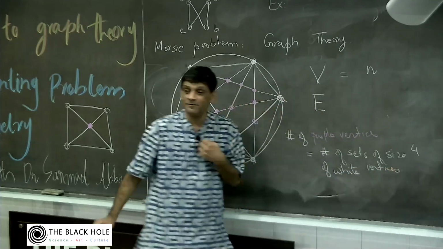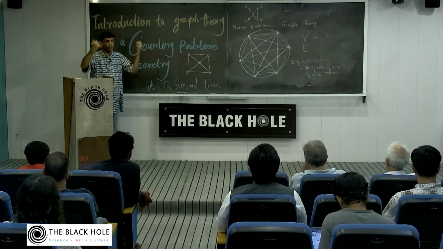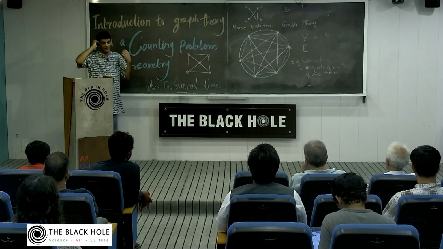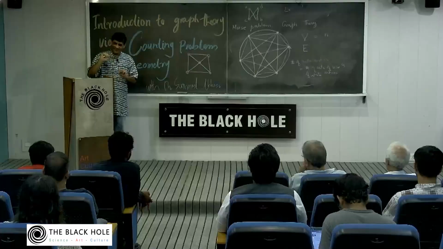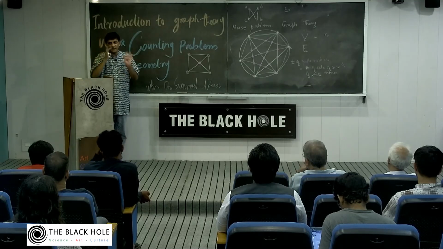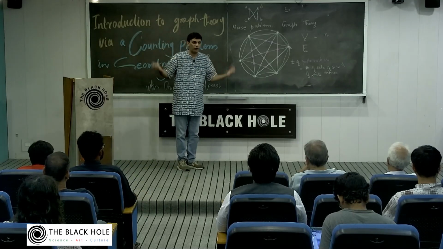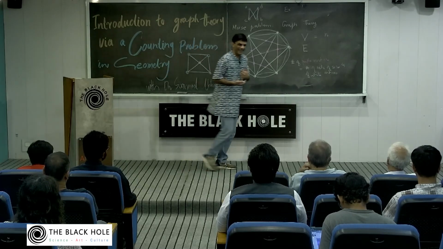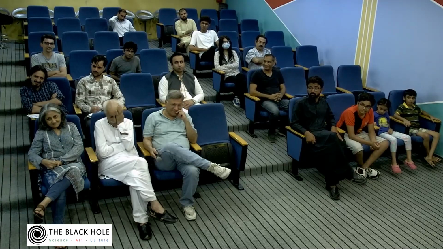How many ways can I choose 4 white vertices out of n? Mathematicians have a name for that quantity. It's called n choose 4, the binomial coefficient.